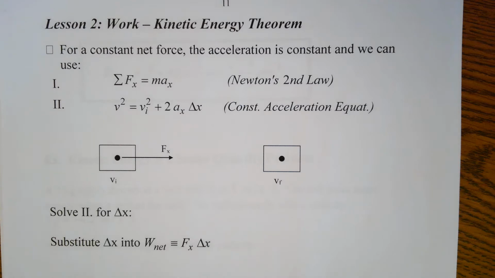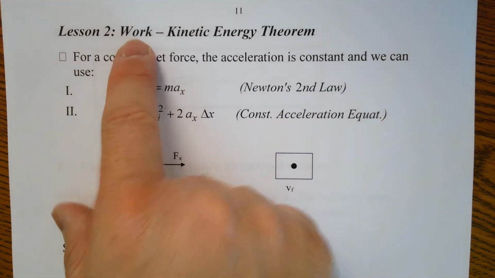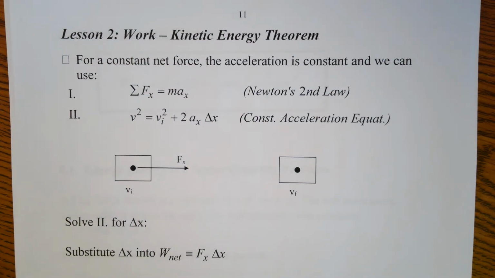Then we talked about what caused that motion, which is the dynamics part, that any push or pull can cause objects to accelerate and make it move. So when you push an object and you make it move, you're doing some work on it. And that's what we talked about in lesson 1.